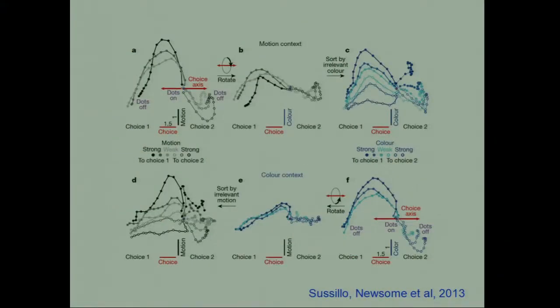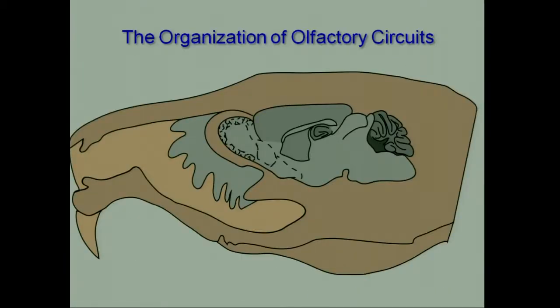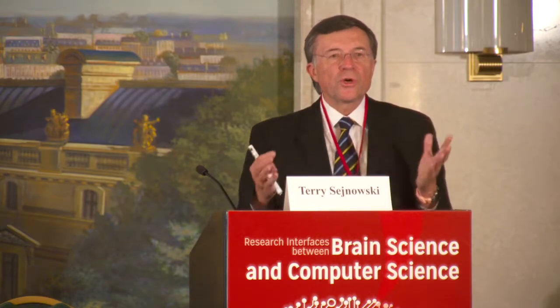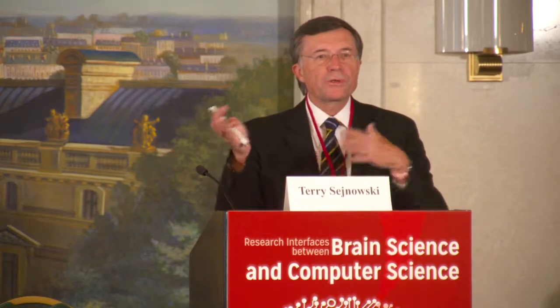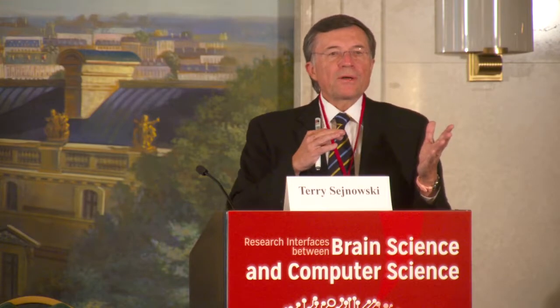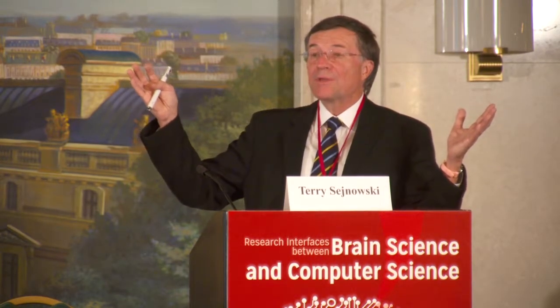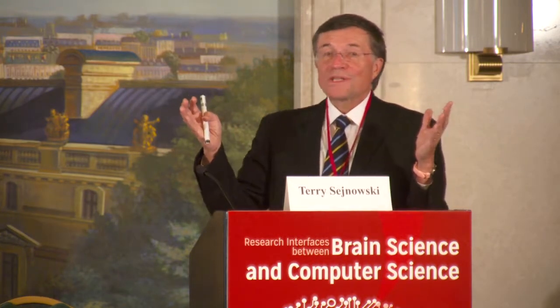I'm going to skip over this very quickly. This is a really nice experiment from Bill Newsome's lab. And I'll just tell you the bottom line. If you do an experiment that involves only a few different sensory choices, in Bill's lab it's motion to the right or left, it doesn't matter how many neurons you record from. You can record from 10 neurons or 100 or 1,000. You can PCA the activity down to 2 or 3 dimensions and capture 90% of the variance, right? What is that telling us?